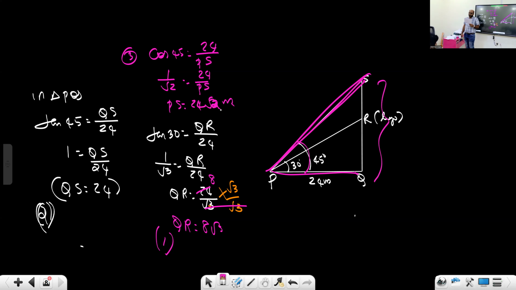Clear, all of you? Can you read the question? Don't simply sit, read it. What is the question? 9 meter towards the base of the building.